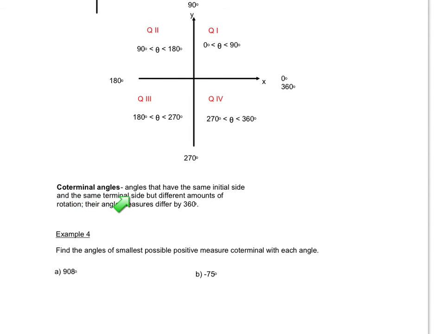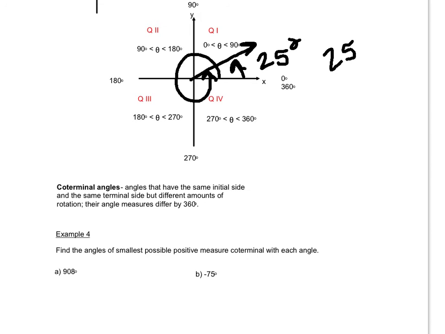Coterminal angles are angles that have the same initial side and the same terminal side, but different amounts of rotation. Their angle measures differ by 360 degrees. So let's take a look at that. If you have an angle here, and let's say it's 25 degrees, well, then a coterminal angle would have a measure of 25 plus 360.